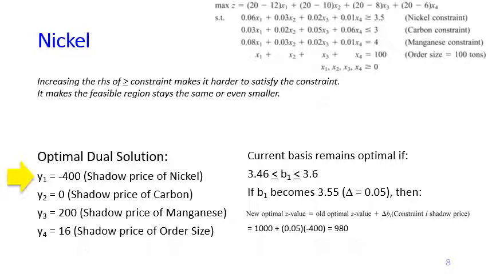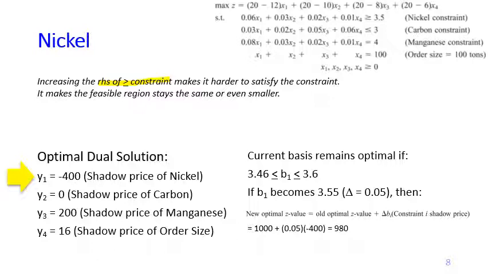This may be explained because in a maximization problem, if we increase the right hand side of a greater than or equal to constraint, actually this makes it harder to satisfy the constraint, right? In other words, it makes the feasible region stay the same at least or even smaller than before.